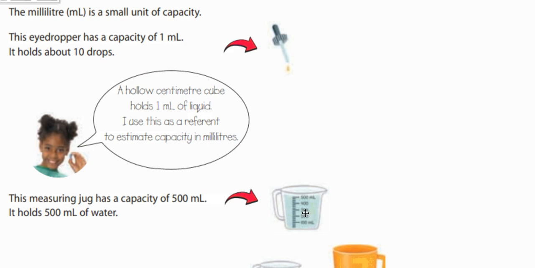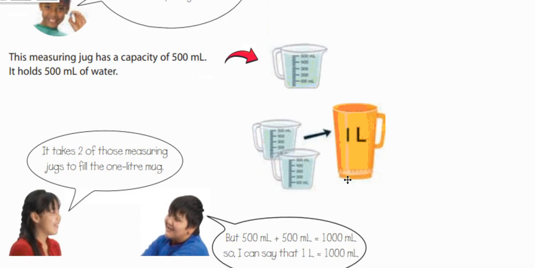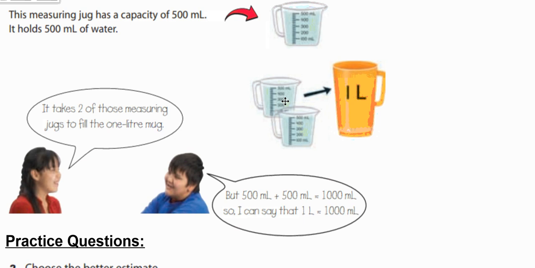So this measuring jug has a capacity of 500 milliliters. If you have a small liquid measuring cup, or a standard size one, I guess it depends on what you have in your home, that's about 500 milliliters. Now, it would take 2 of those to get to 1 liter.